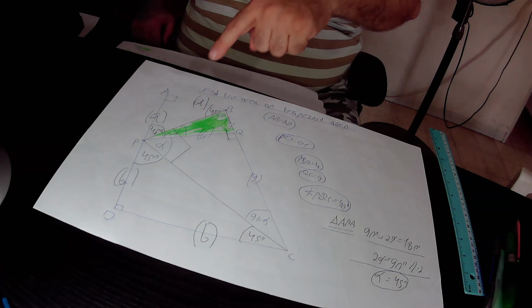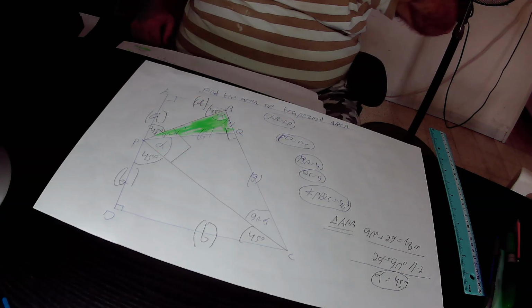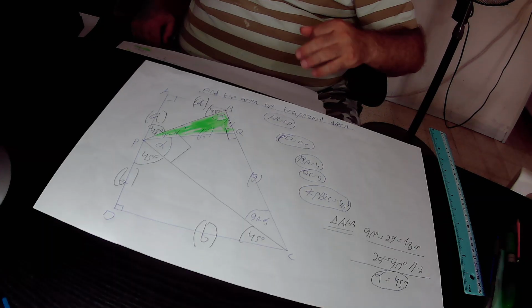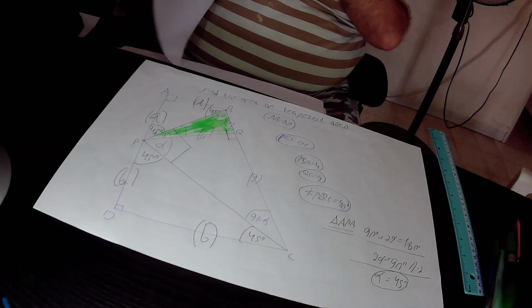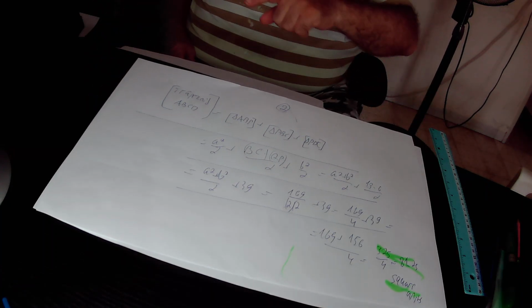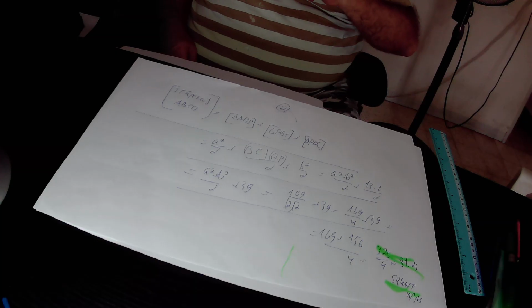So the sum of the areas of those 3 components in total must be equal to the area of trapezoid ABCD. So again, the area of trapezoid ABCD is equal to the sum of the areas of the 3 components that it consists of.